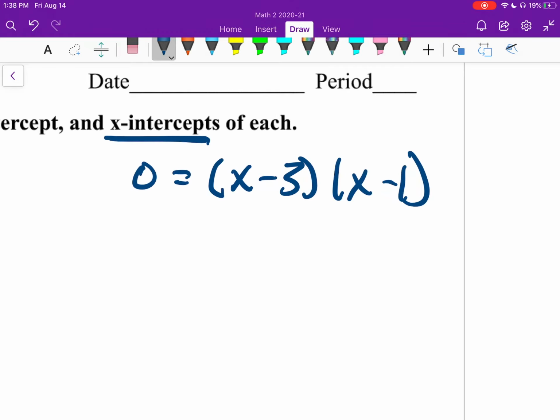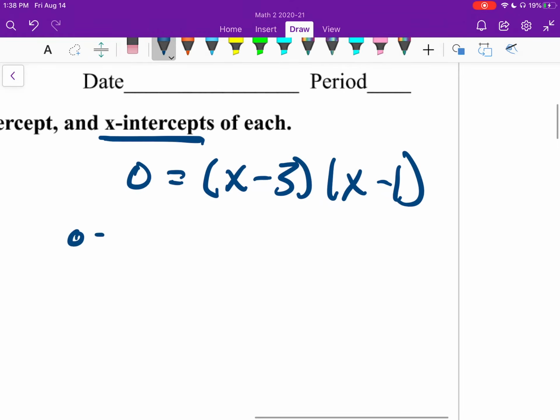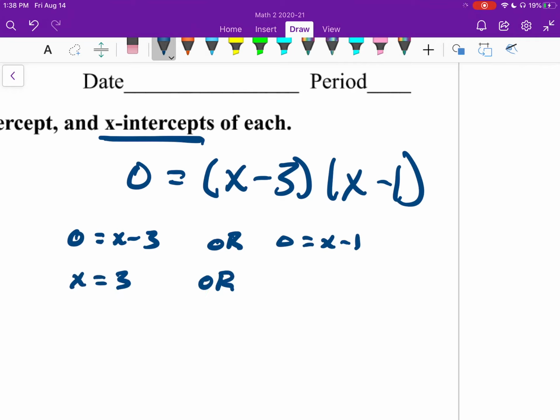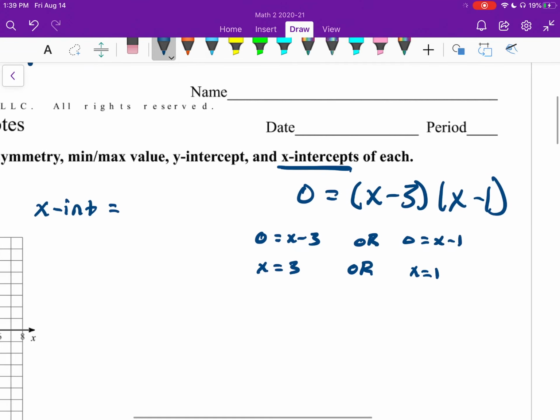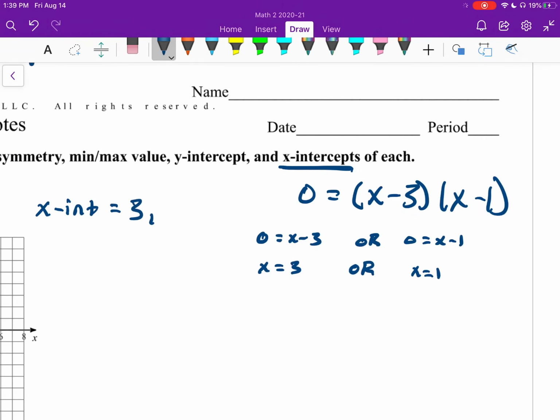You should quickly see that either 0 equals x minus 3 or 0 equals x minus 1, which means that x equals 3 or x equals 1. I guess it can be an and/or, but I'm just going to leave it as that. So our x-intercepts are 3 and 1.